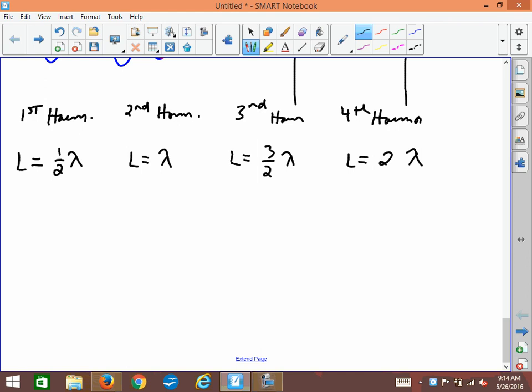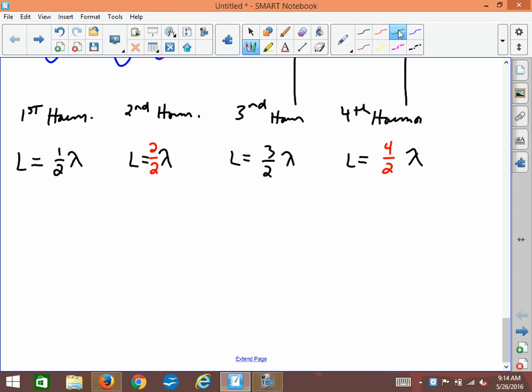To see the pattern more effectively, I'm going to write the 1 lambda as 2/2 of a lambda. It's the same thing, 2/2 is 1. And over here where I have 2 lambdas, I'm going to erase that and write the 2 as 4/2. It's the same thing, still 2, I just changed the way it looks. Now look at what's happening.